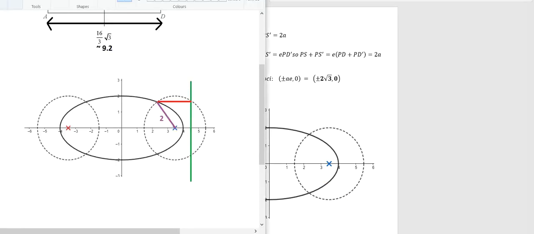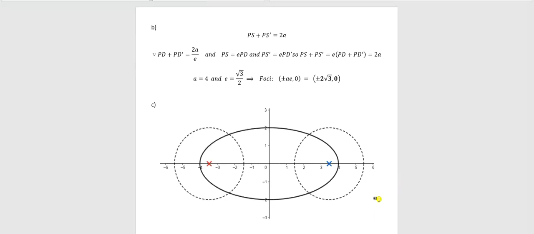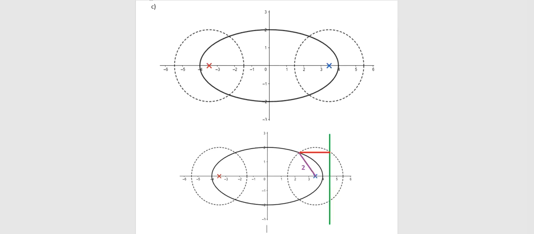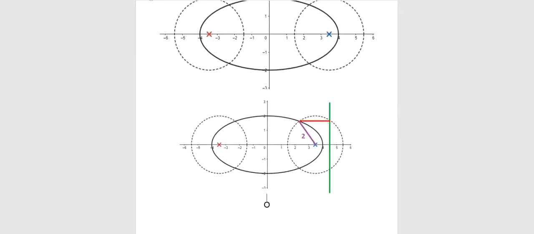So we can use that idea here. That's going to come in quite handy. It's not the only approach. You might already be thinking, well, hang on, I've got a circle here. I can use a circle equation. And yes, you absolutely can. It's the method I used when I first did this question the other day. It works just fine. But here's what happens if we try the directrix approach.